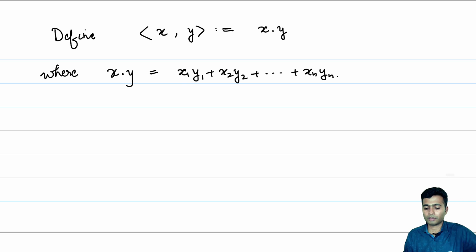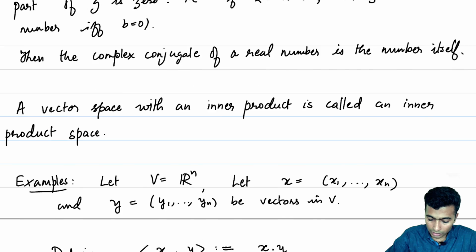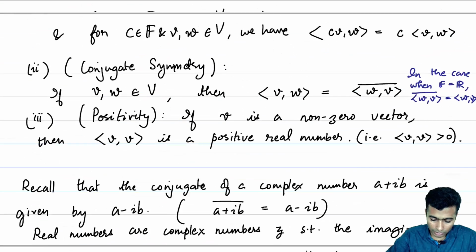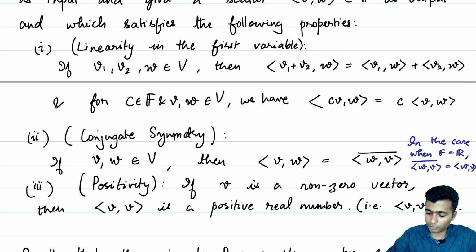And is this an inner product? Obviously the answer should be yes. So we have to check for the following three properties. We have to check for linearity in the first variable, conjugate symmetry, or in this case, since it's a real vector space, symmetry, and positivity.